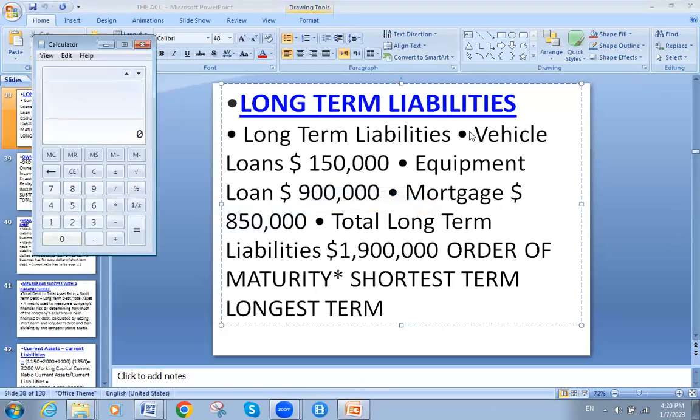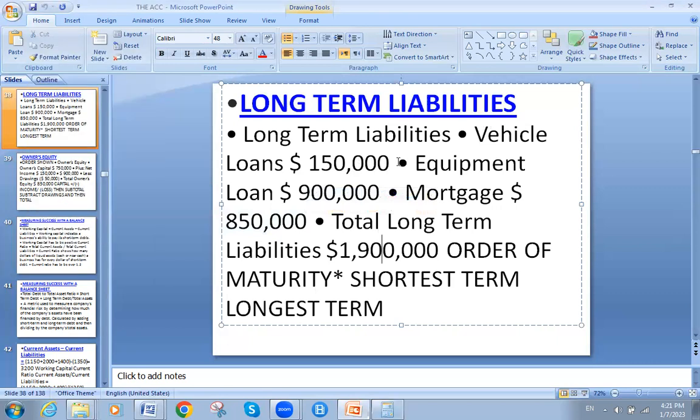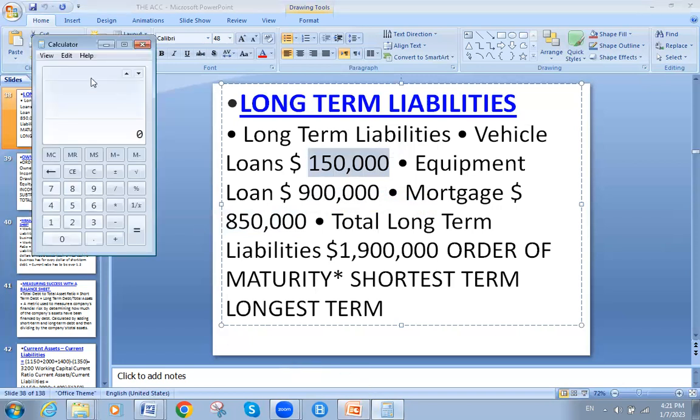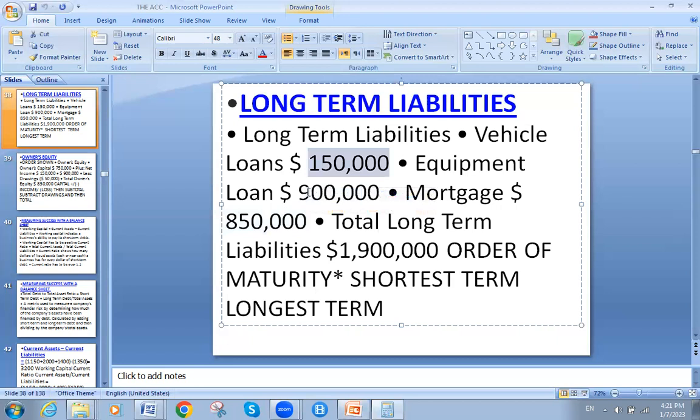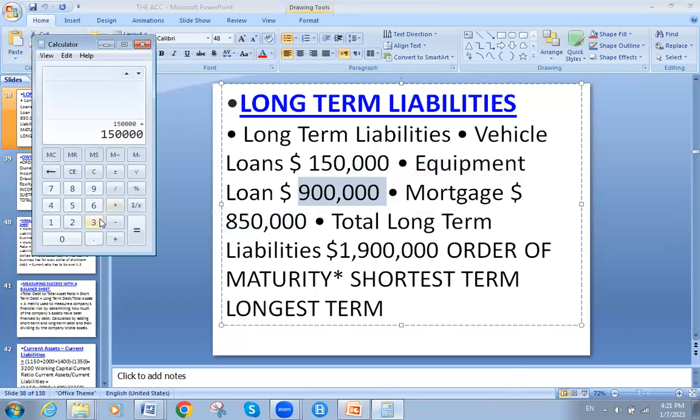Here we go. The vehicle loan is 150,000. Control and C. And here we go, edit, then paste 150. Plus, we have equipment 900,000. Control and C. Then go back here, edit and paste 900,000.